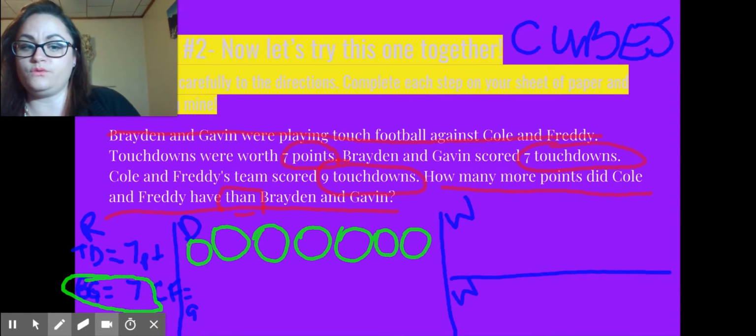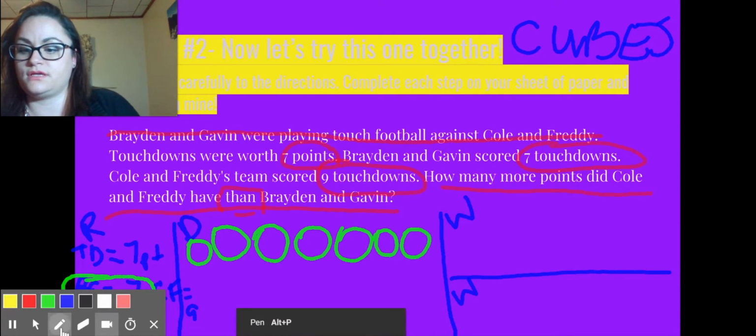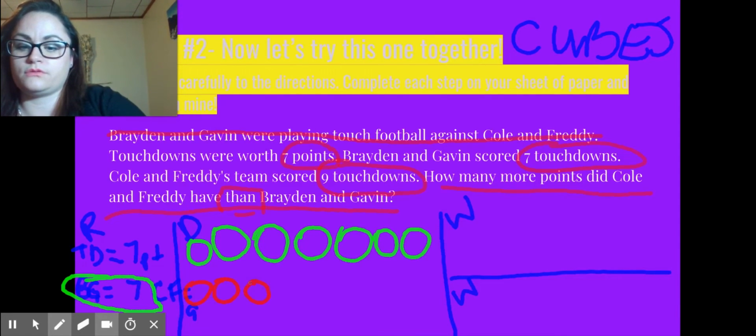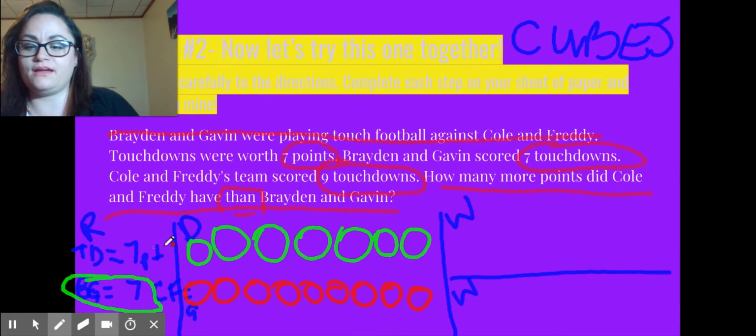So I know that they had 7 touchdowns. I also know, and I'm going to represent this with red, that Cole and Freddie had 9. So they had 1, 2, 3, 4, 5, 6, 7, 8, 9. Perfect.